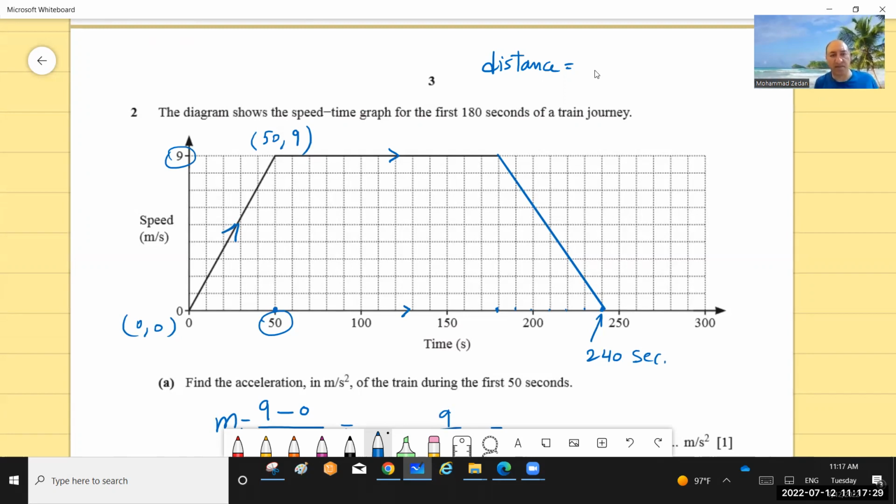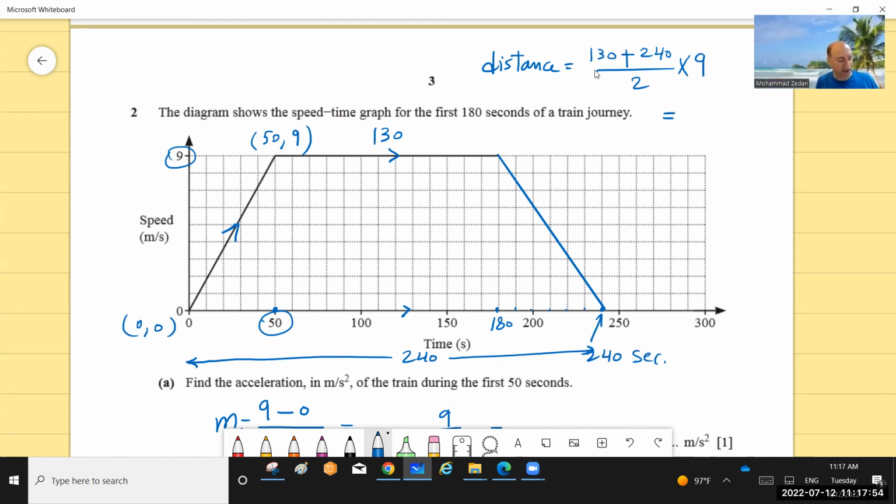This distance from 50 to this point is 180. 180 minus 50 is 130. This is 130 now, and this is the total, 240 seconds, the entire time. So (130 + 240) divided by 2 times the height, which is 9.